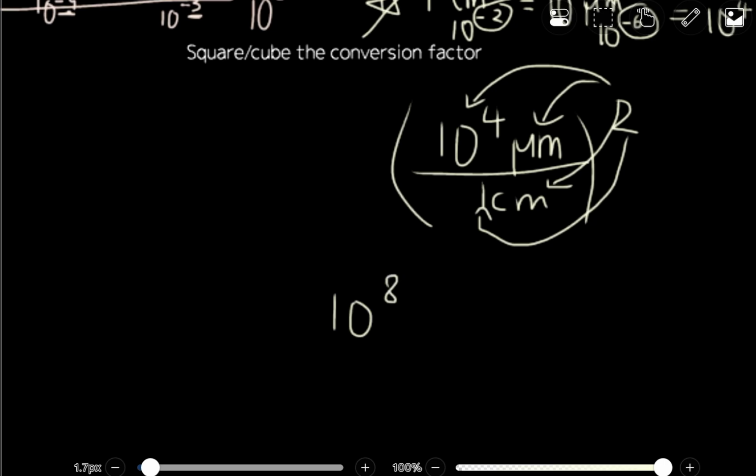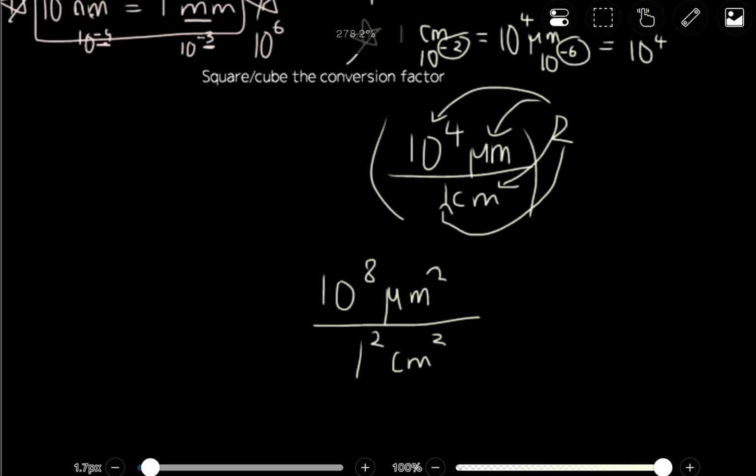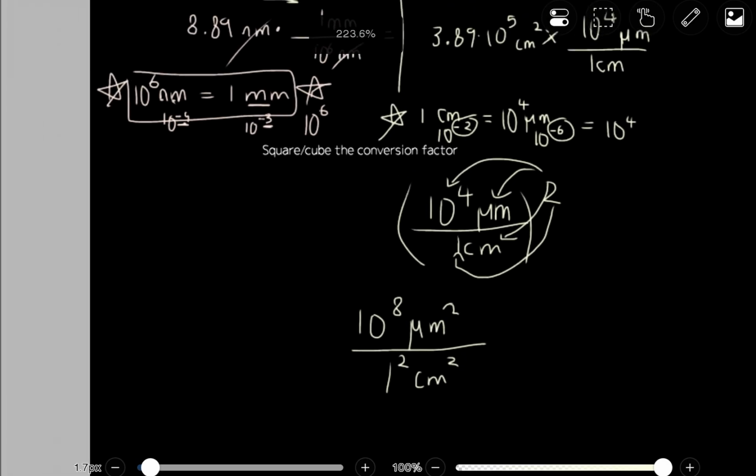For the exponent, you're multiplying them, so it's going to be 8, and we're going to add the square to this unit, or we might as well just add the square to 1 so that we've remembered to add it to every number, even though 1 squared is just going to be 1. So this is our squared version of our conversion factor.